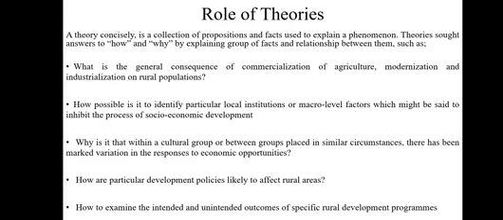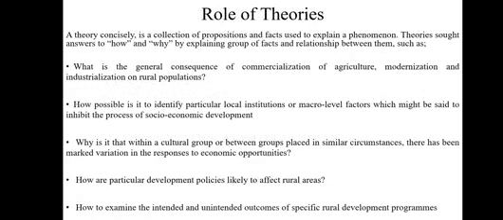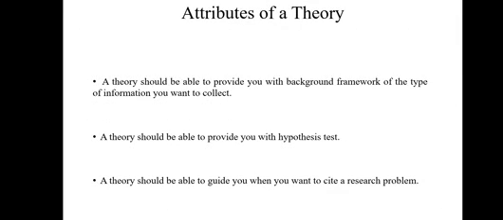And why is it that within a cultural group, or between groups placed in similar circumstances, there has been marked variation in response to economic opportunities? These are likely questions that are necessary to explain, and that will become the research you have to work on.